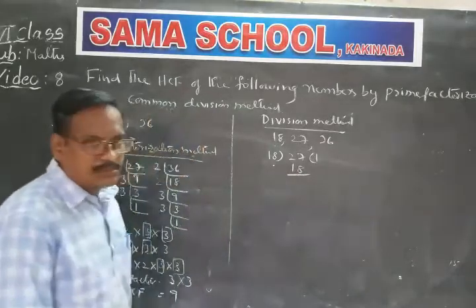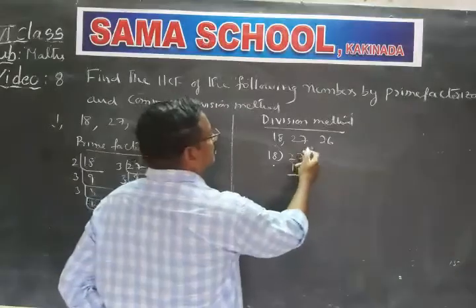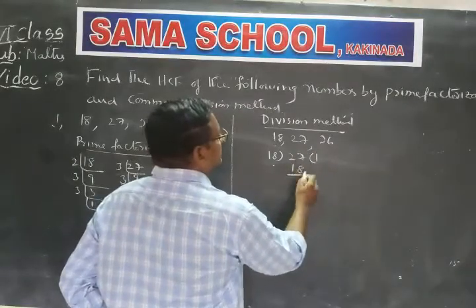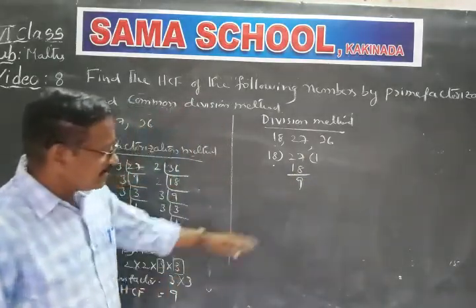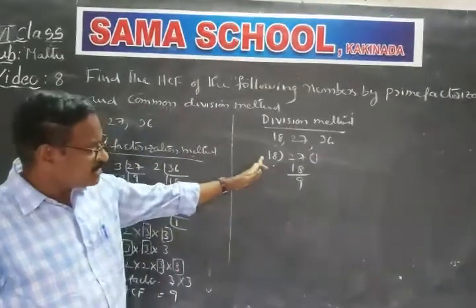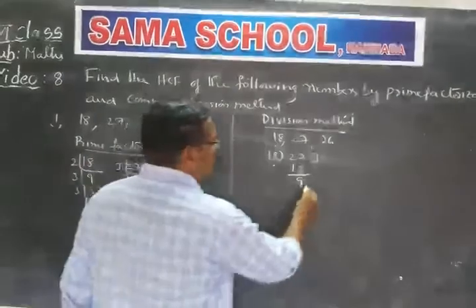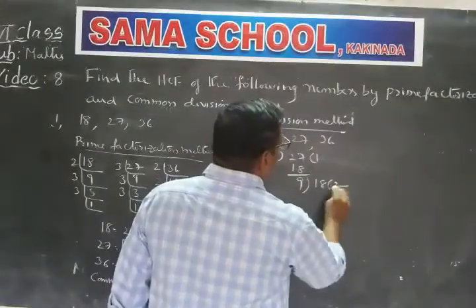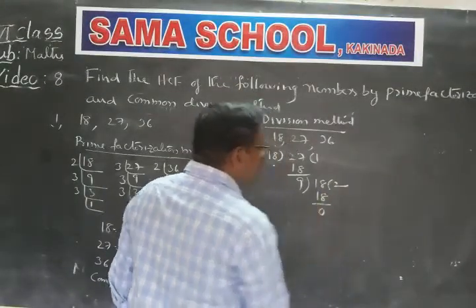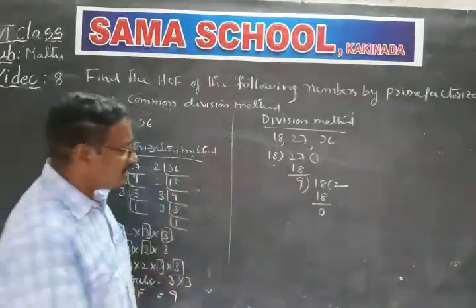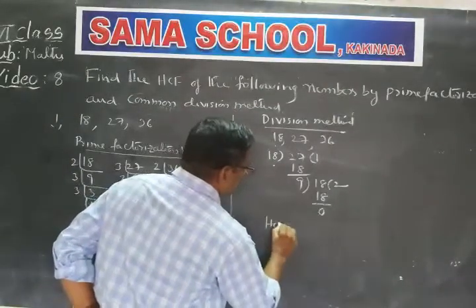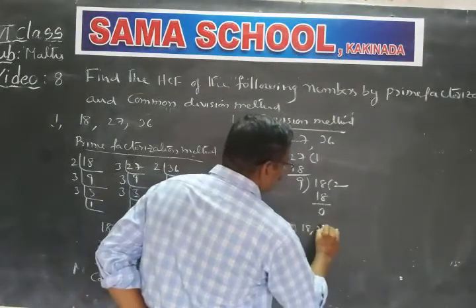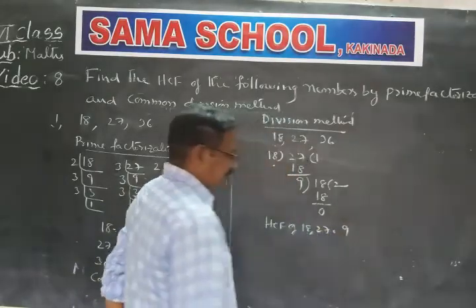What is the remainder? The remainder is 9. Then the previous divisor, 18: 9 2s are 18, remainder 0. So the HCF of 18 and 27 is equal to 9.